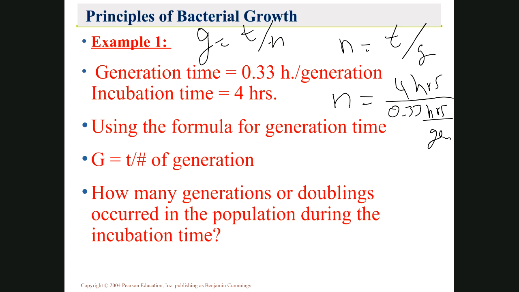So if I'm after N, how many generations? I'm after N. I should end up with units of generation only. Okay, so this is my setup. Hours eliminate. All I have left is generations, which is what I should have left. So N equals 4 divided by 0.33, which should be about 12, I think. 12 generations.